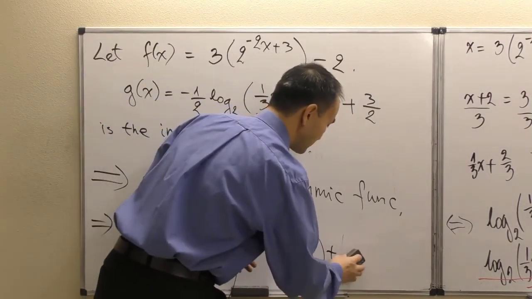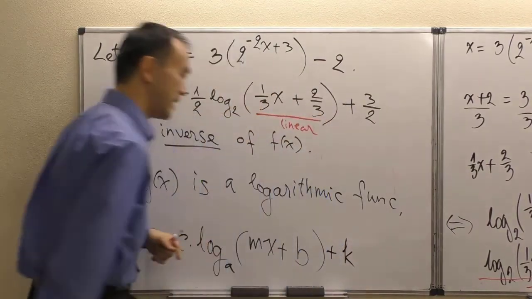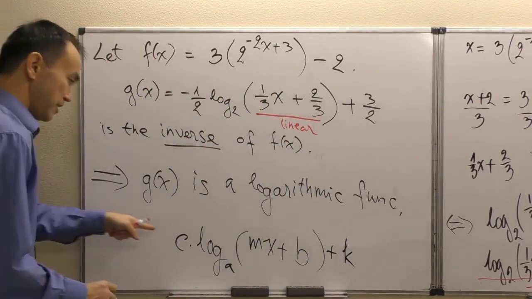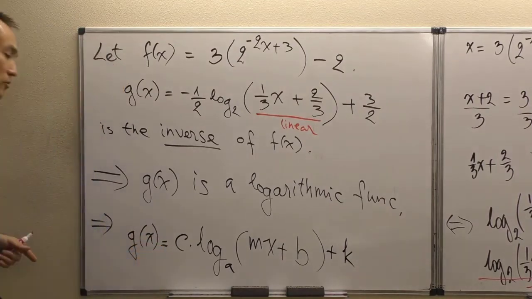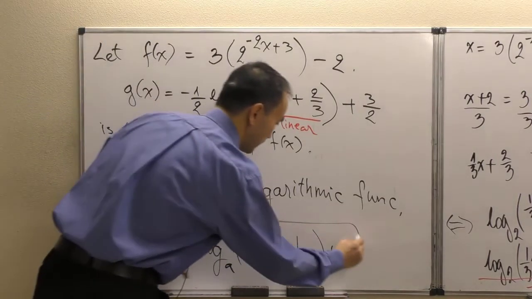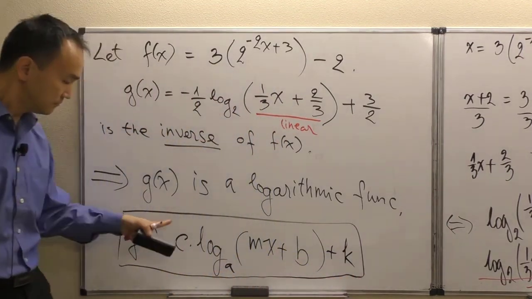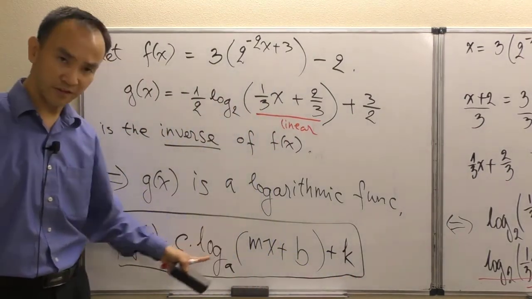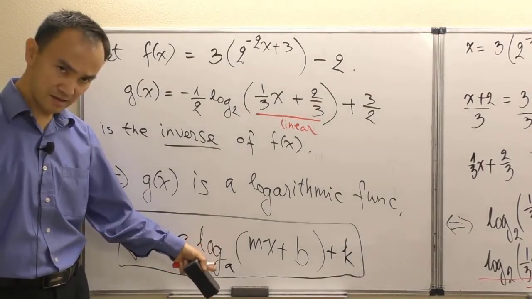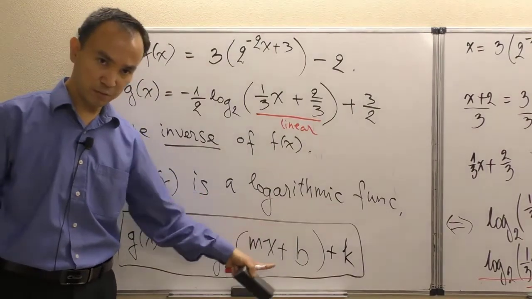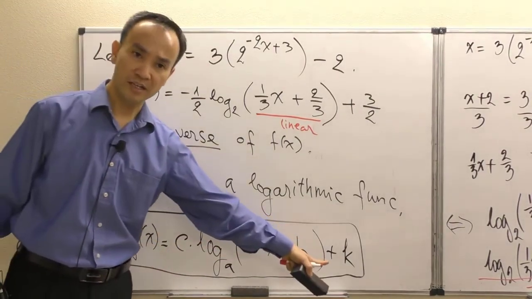So k can be positive, k can be negative, but now any function in this form right here is the generalization I'm about to make. Any generalized logarithm of this form, log base a of a linear expression, multiplied with a constant coefficient, and added with a k right here.